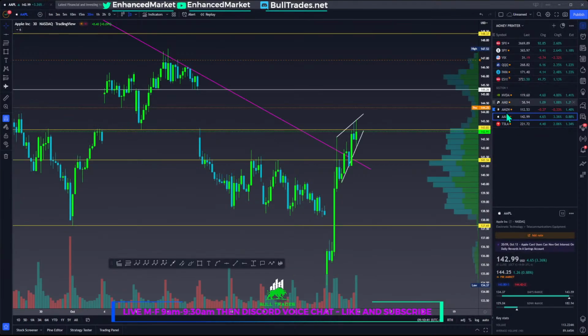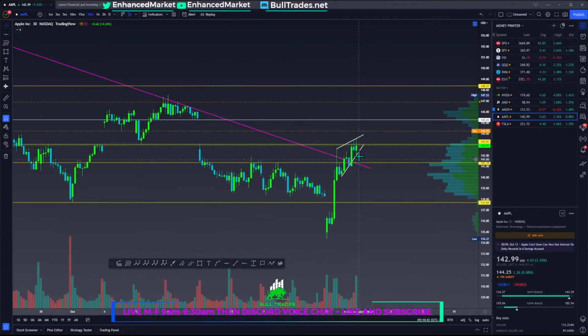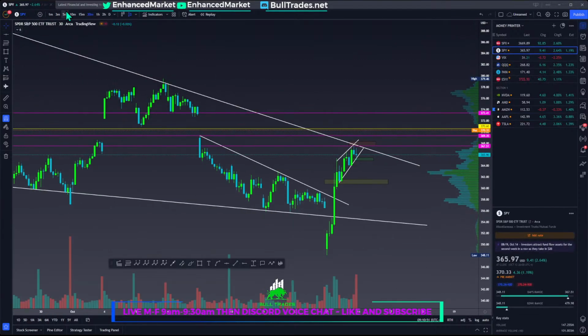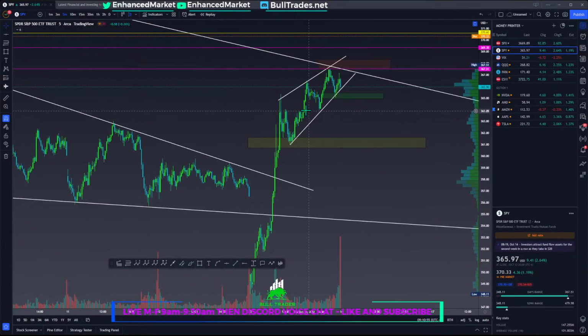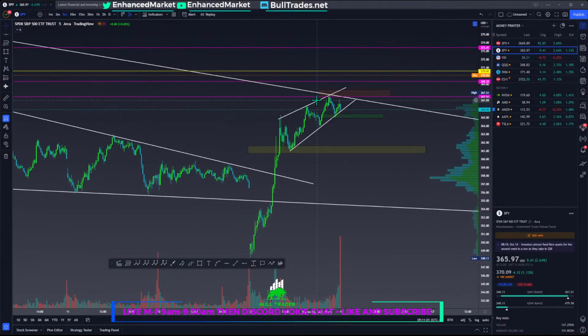So here's everything I'm watching. Watching the main tickers. Rising wedge, we're up above, so that's obviously very bullish. But this is what I was watching. This was my game plan on SPY if we weren't opening above. Perfect rising wedge. 3 touches on the bottom, 3 touches on the top. Price action was consolidating.